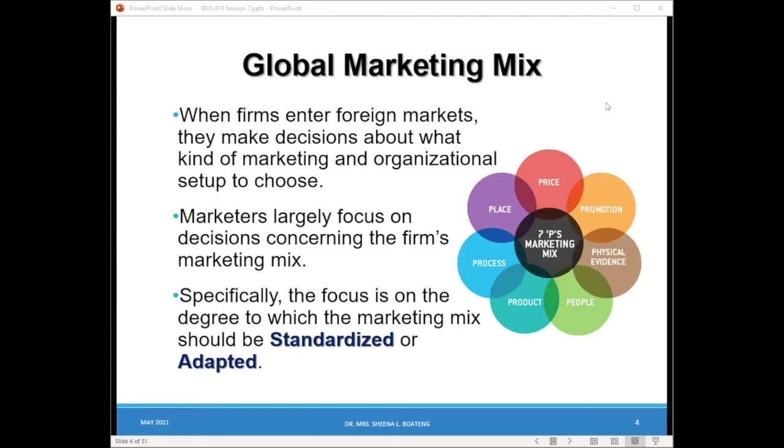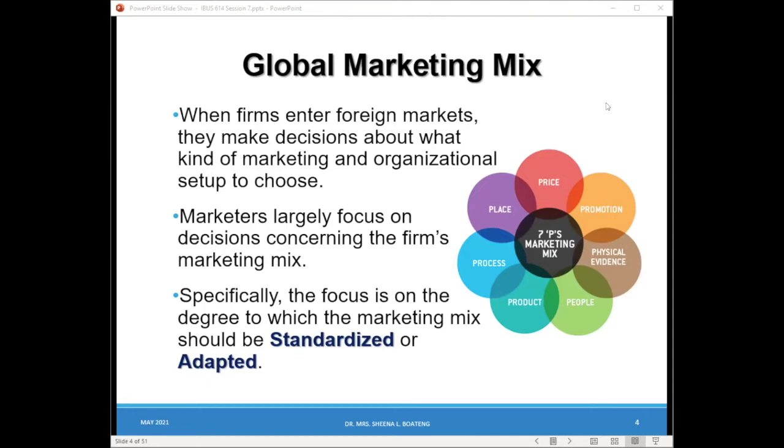So they would largely focus on each of these individual elements and how to go about formulating the subcategories under each element to suit their organizational strategy for going global with their product or service, to be able to effectively target the customers that they have identified in this foreign market, who they want to sell this particular product or service to.